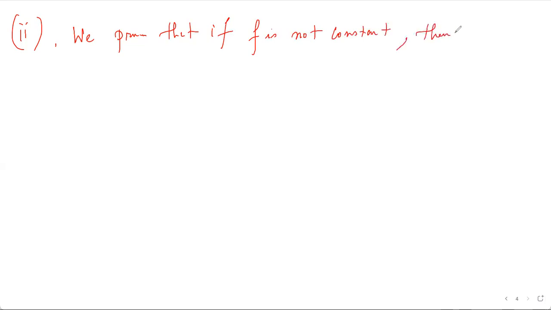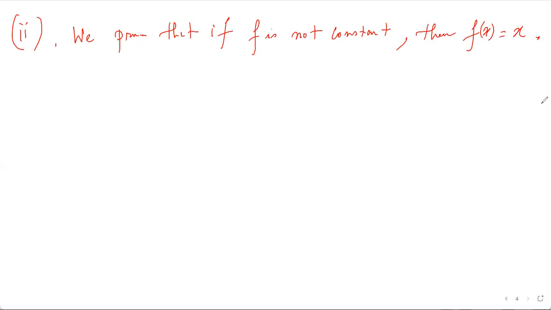Now we prove that if f is not constant, then looking at the range, we can easily say that f is not constant. Then we claim that f of x is equal to x. This is the main part. In particular, we are trying to prove that the range of f is the whole of R.